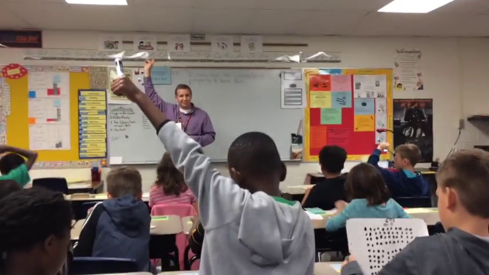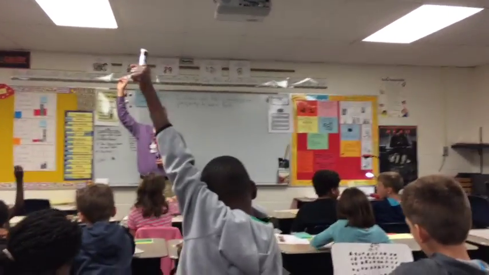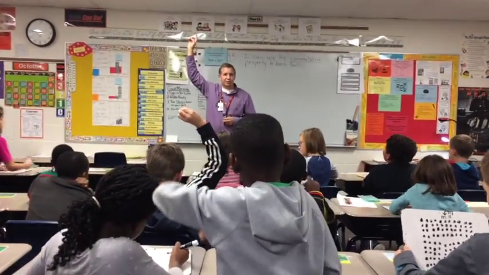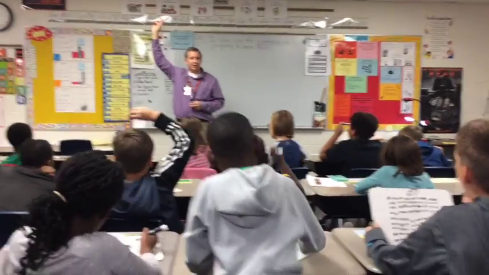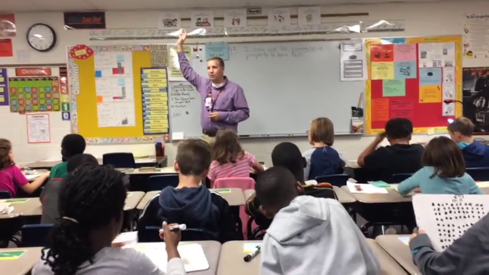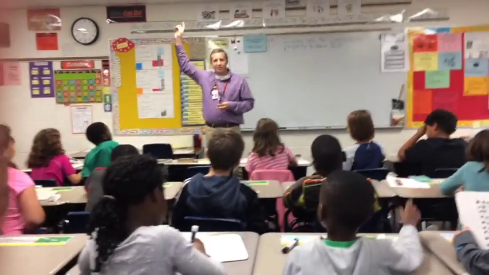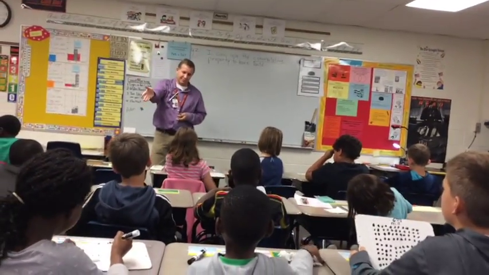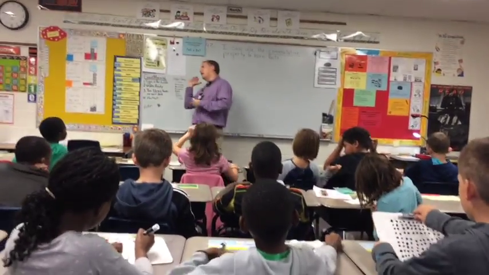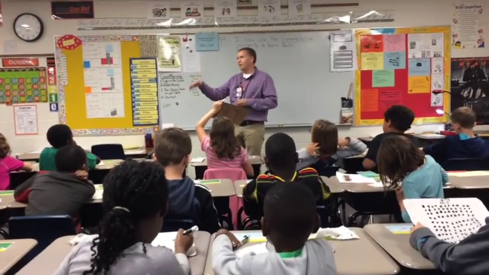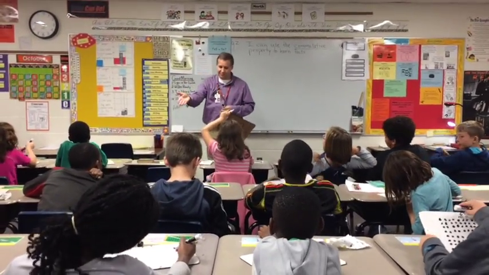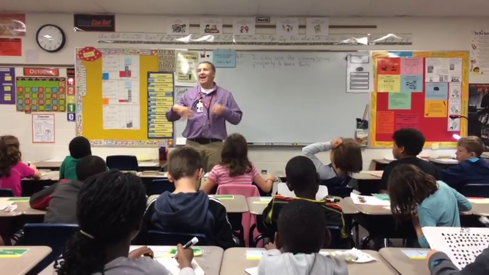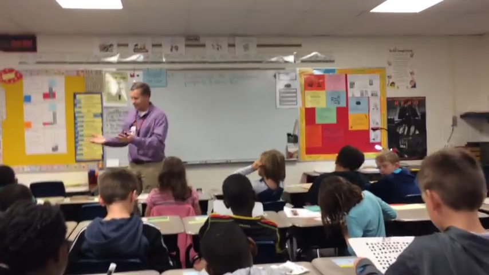Okay, Romeo, ready? This is your proof, and I know what the commutative property is. Commutative property means that we can move the numbers. Repeat after me: the commutative property means that we can move the numbers, and it's the same answer.